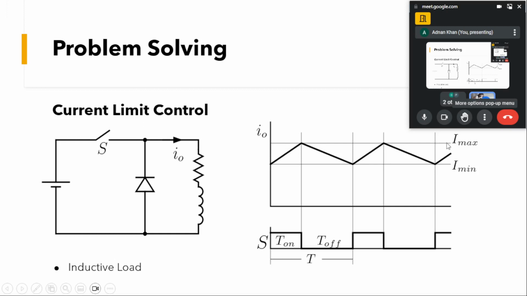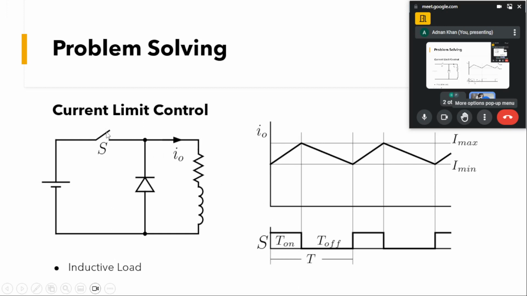We write our logic in such a way that when the current hits the upper band, the switch turns off. The current is gradually rising, and when it hits the upper band, the switch turns off.